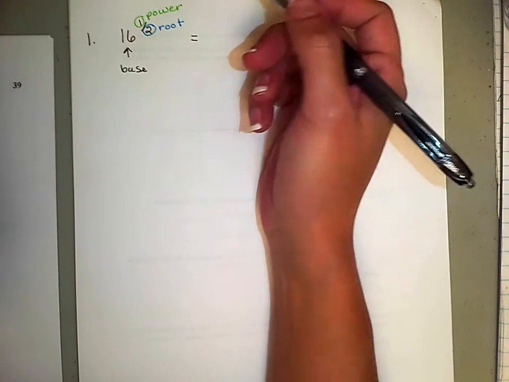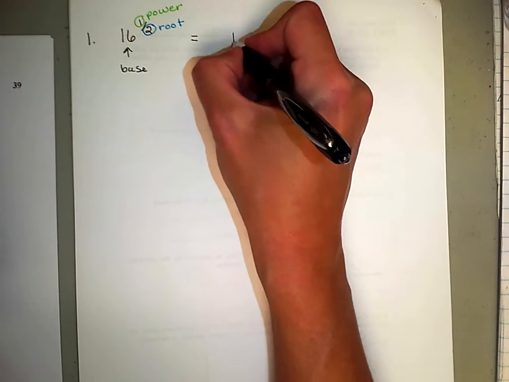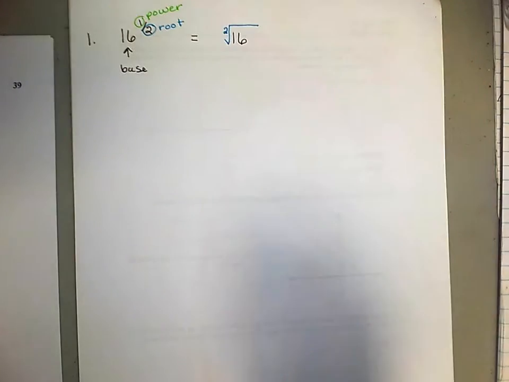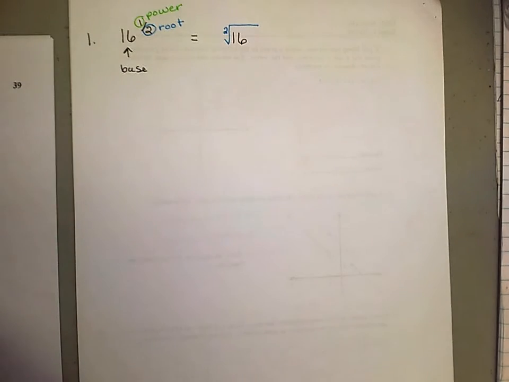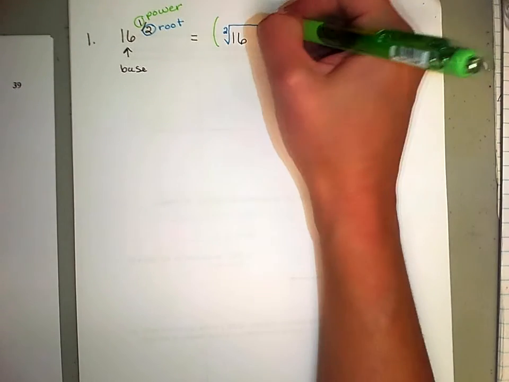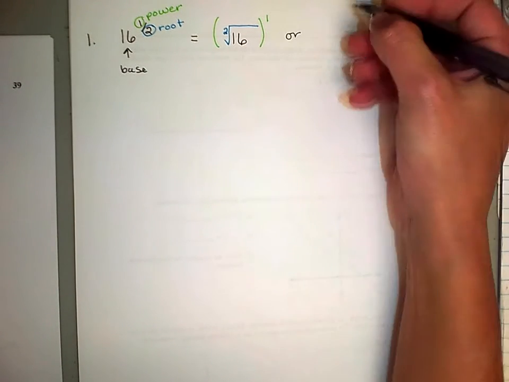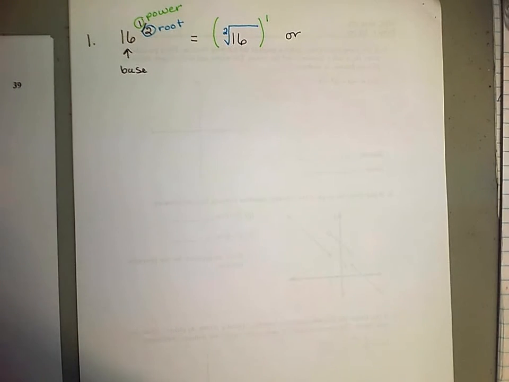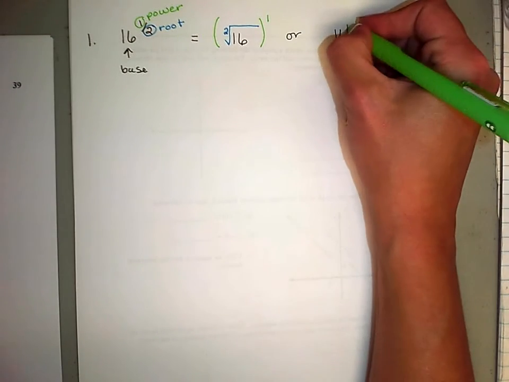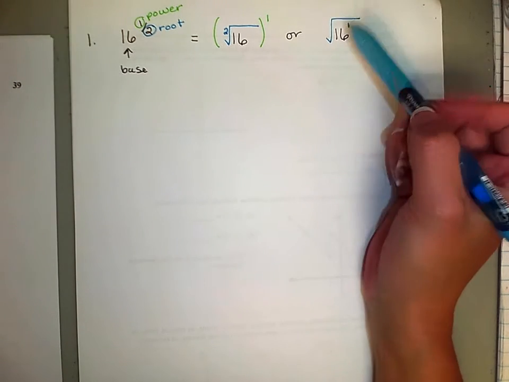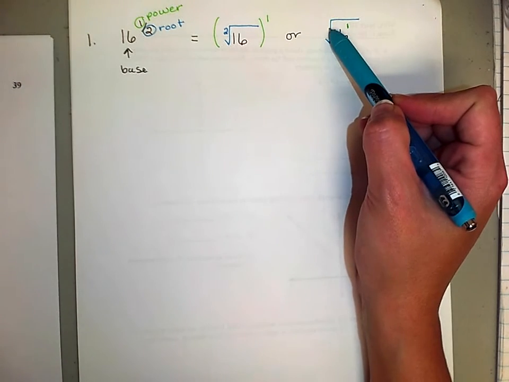So, using our first rule, this is the square root of 16, and you don't have to write the 2, but you can. And then I can raise that to the first power, or I can take 16, in this case raise it to the power first, and then take the square root. Notice if I don't write the 2, the 2 is understood.